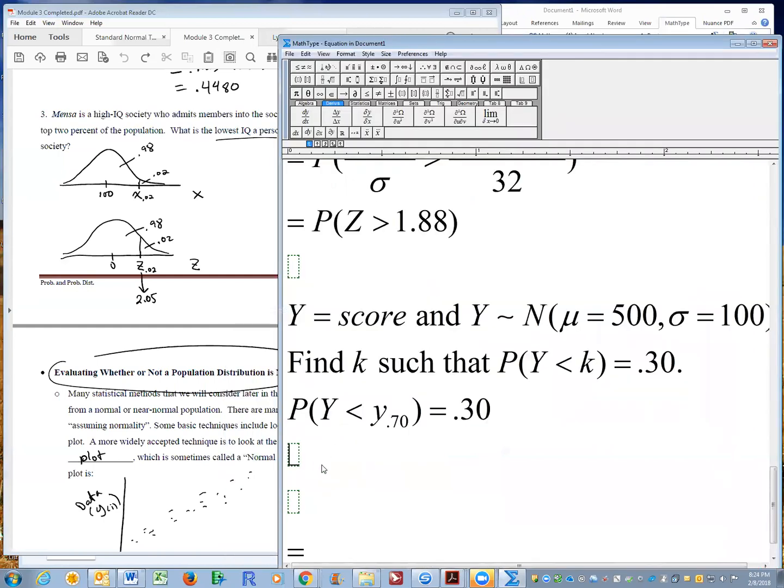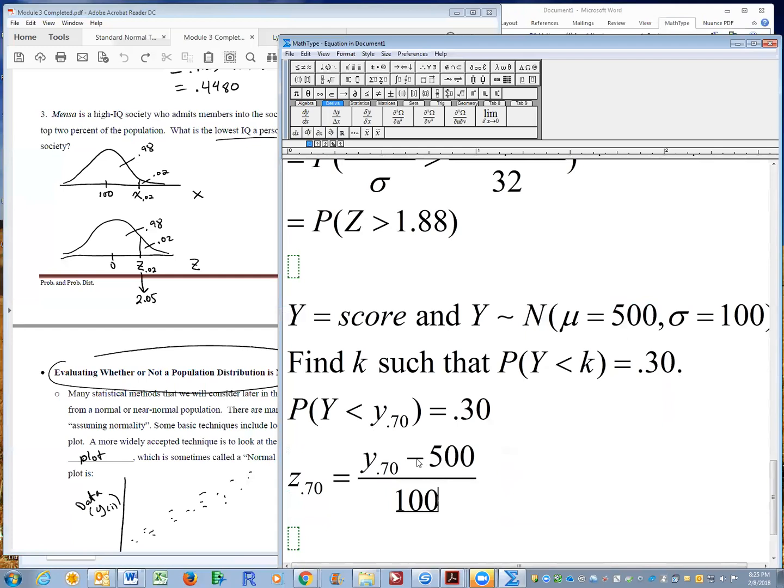So what I would work with next would be z sub 0.70, which equals y sub 0.70 minus the mean of y, which is 500, divided by the standard deviation of y, which is 100.